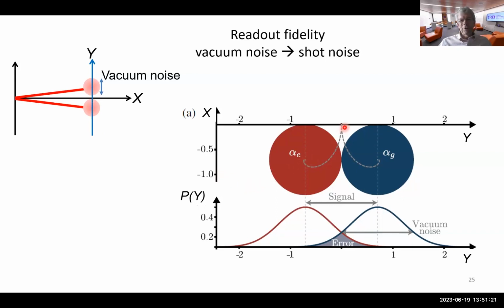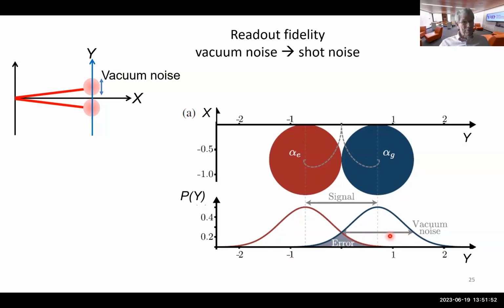So as you turn on the drive, the oscillator begins to respond and goes to this coherent state or that coherent state. And when you measure the homodyne signal here, which is this coordinate here, there's always a little bit of overlap due to vacuum noise. And that overlap, that vacuum noise, you can think of as what's called the shot noise.